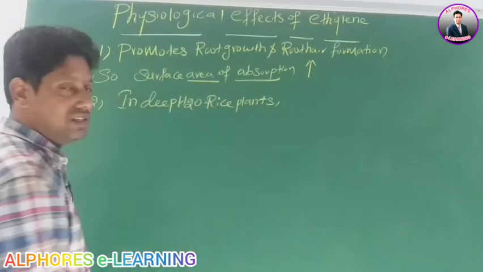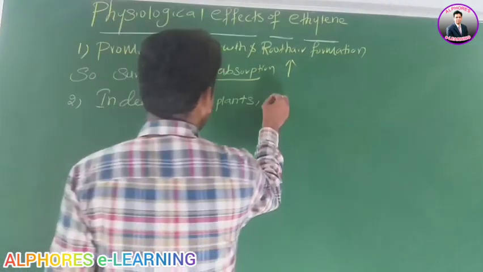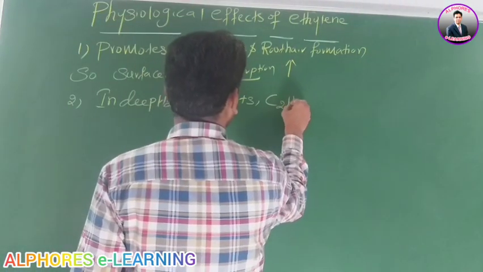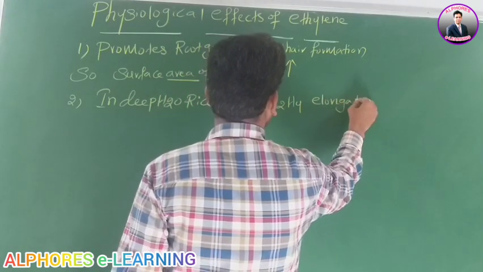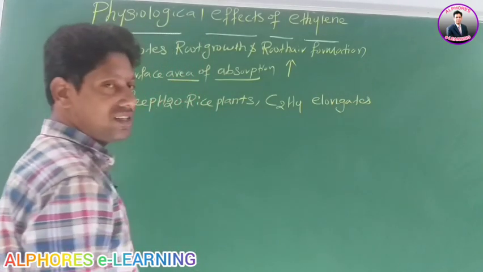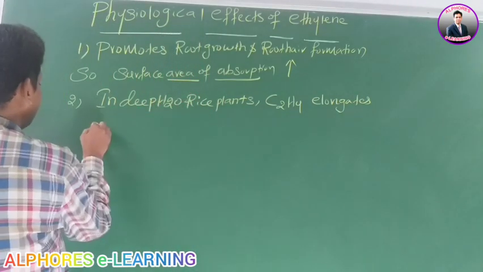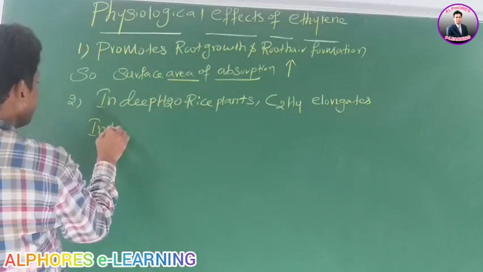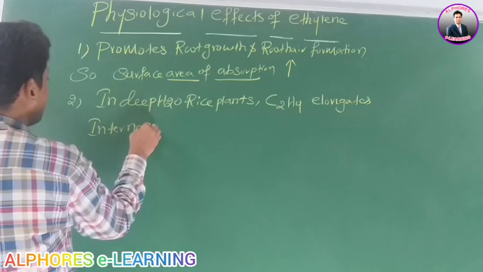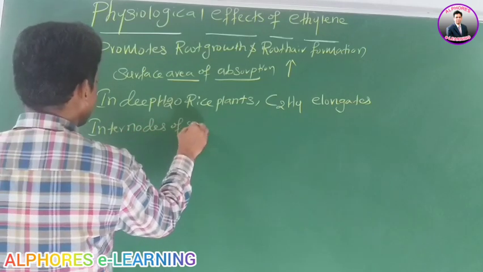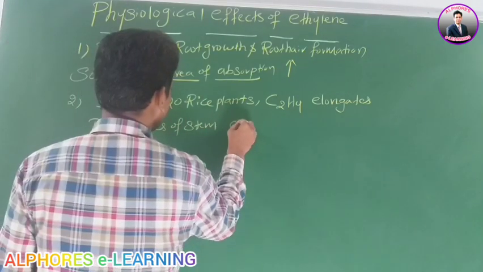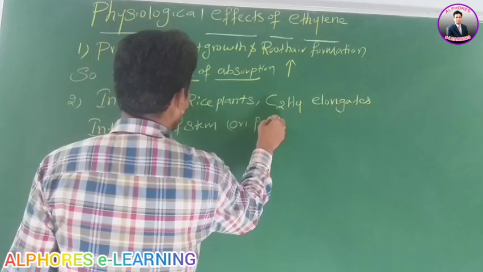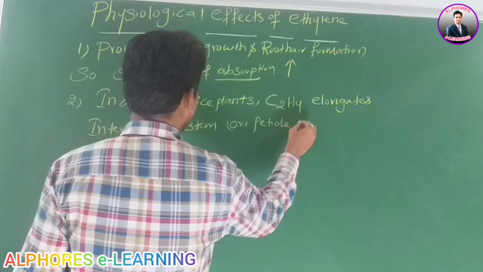Therefore, in deep water rice plants, ethylene elongates, sir, what does it elongate? Internodes of stem or petiole. What is the meaning of petiole? Stalk of leaf.